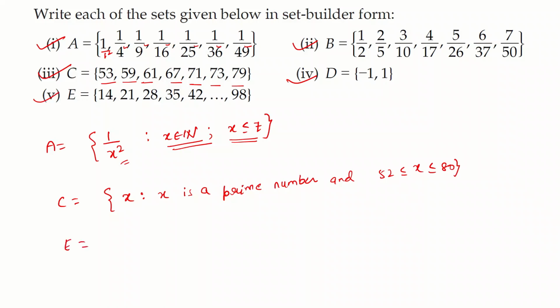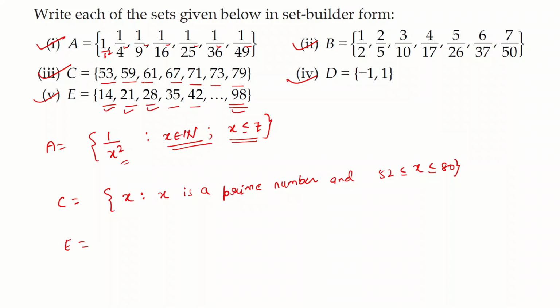So the set E is 14, 21, 28, 35, 42, and all the way up to 98. So if you observe the pattern over here, the pattern is that these are all the multiples of 7. So this is 7 times 2, 7 times 3, 7 times 4, and this is 7 times 14.